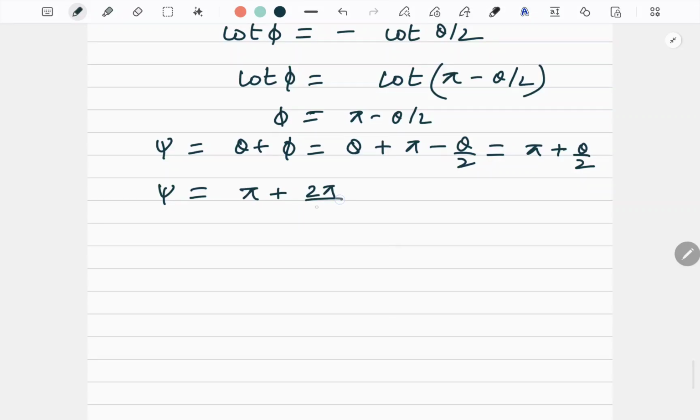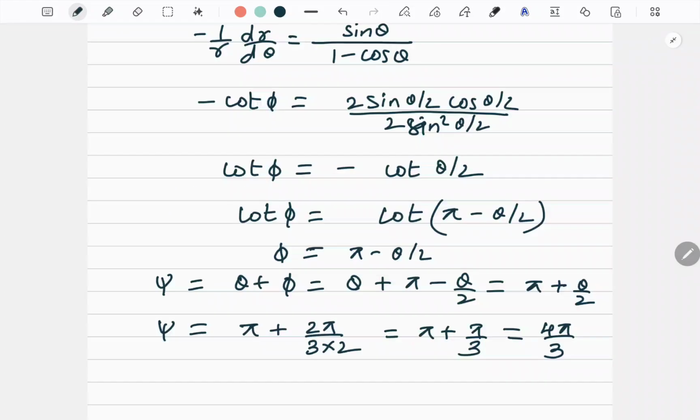So 2 pi by 3 into 2. Correct? So this will become pi plus pi by 3. So 3 LCM if you take, this will become 3 pi plus 1, that is 4 pi by 3. Okay, so what I got? 4 pi by 3.